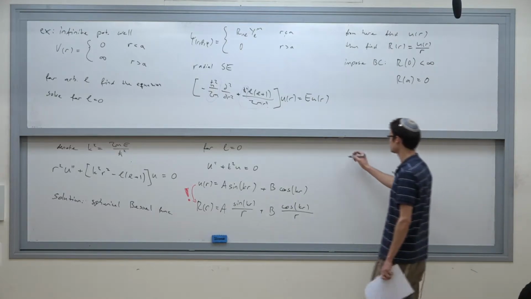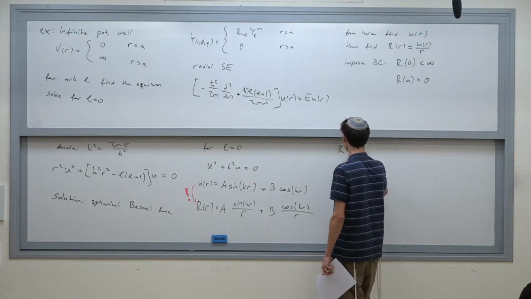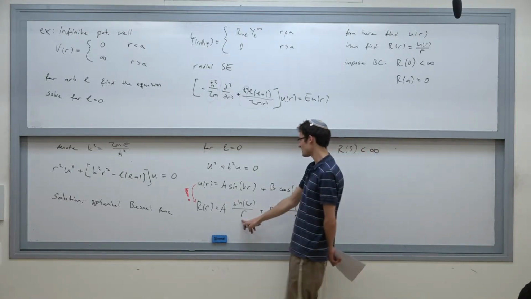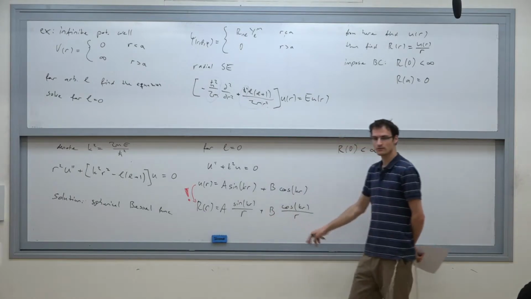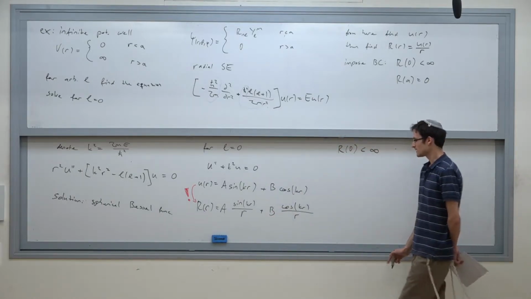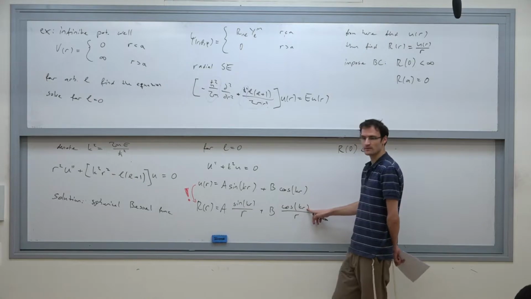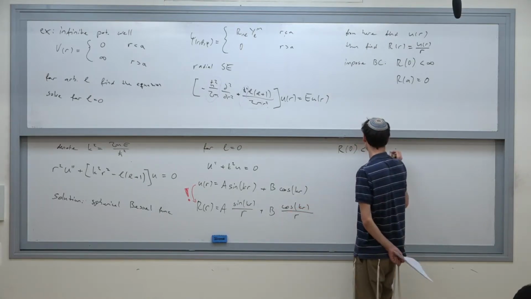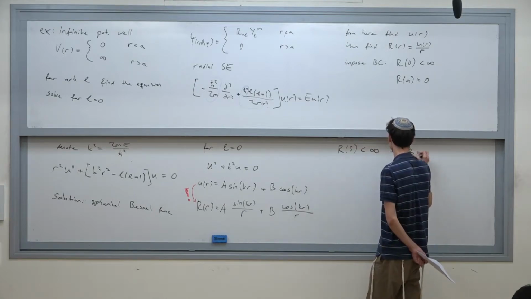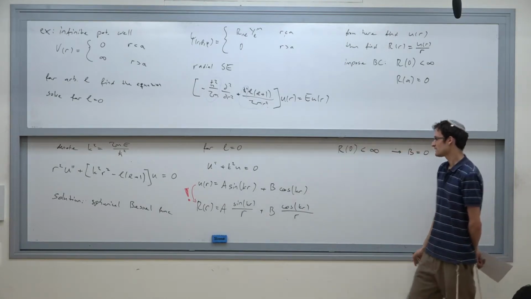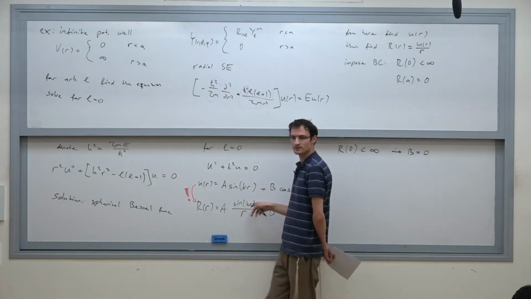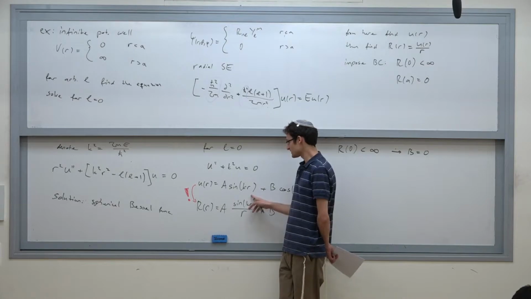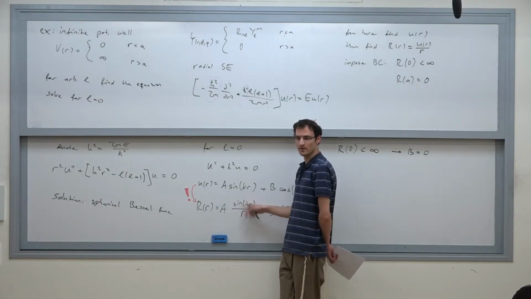So, first boundary condition. Notice that there's an r down below, so if I plug in r equals 0, things will start diverging. Cosine of 0 is 1, divided by 0 diverges. So I must set b equals 0. In this case, though, sine of 0 is 0, and r of 0 is 0, so this 0 divided by 0 you have to take the limit properly.